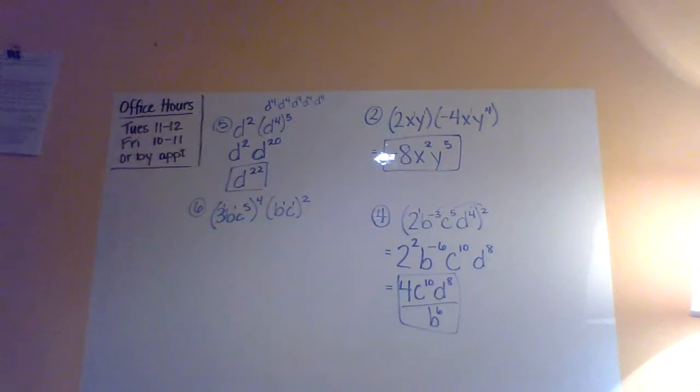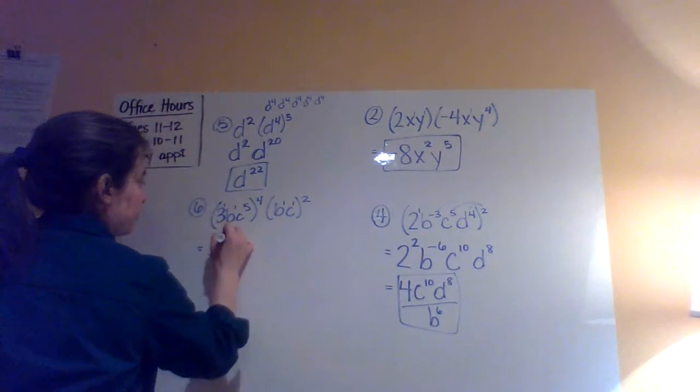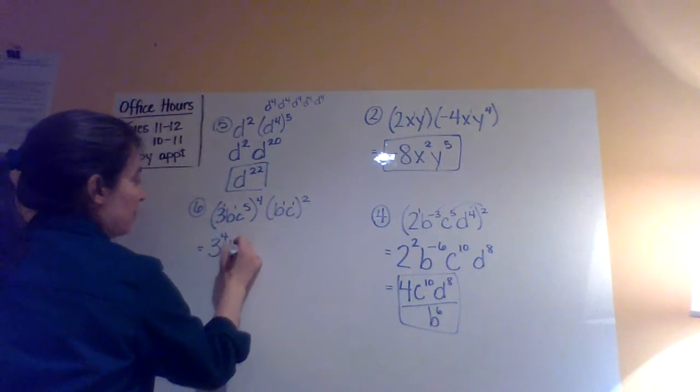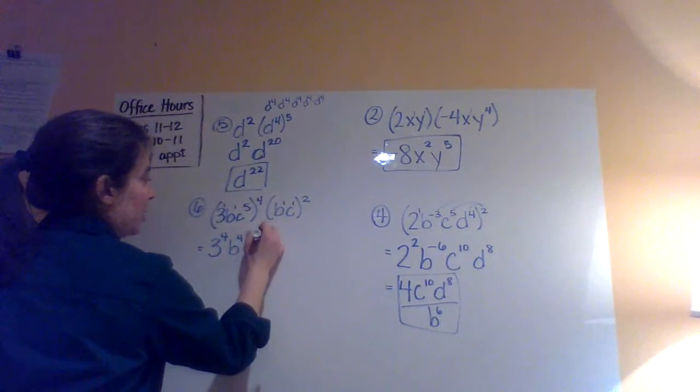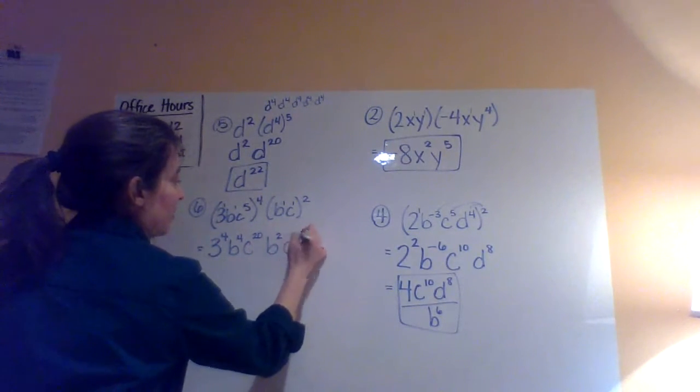So I am not multiplying 3 times 4. I'm multiplying the exponent of 1 times 4. So I'm getting 3 to the 4th power, b to the 4th power, c to the 20th power, b to the 2nd, c to the 2nd.